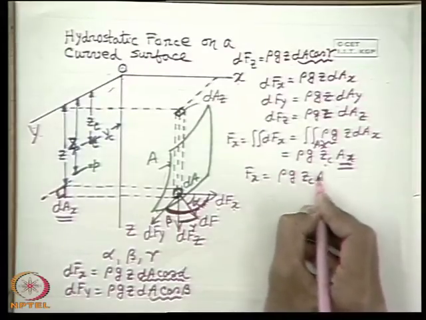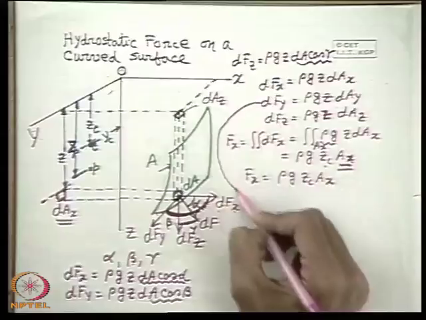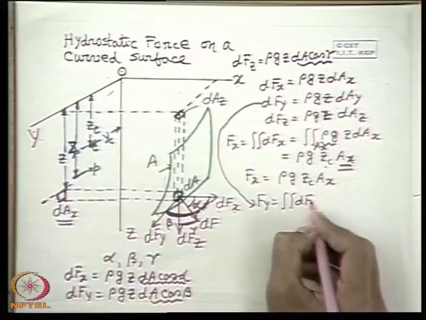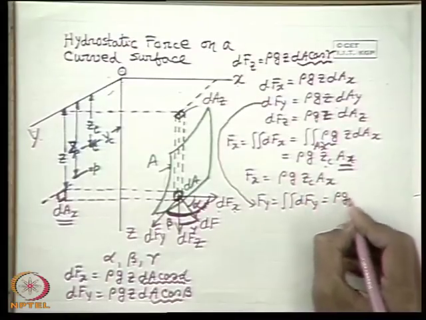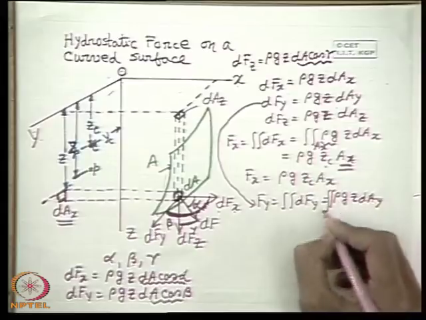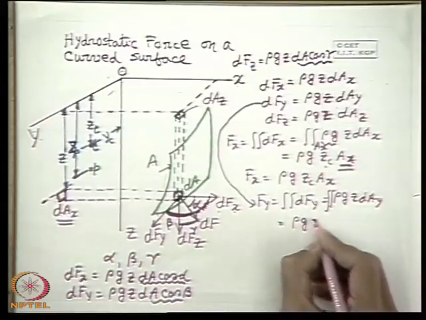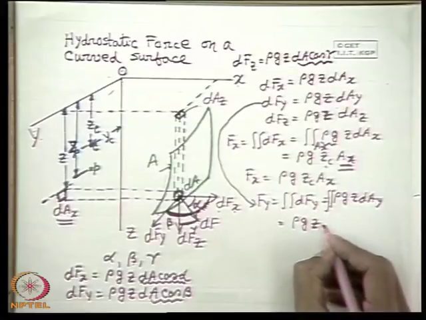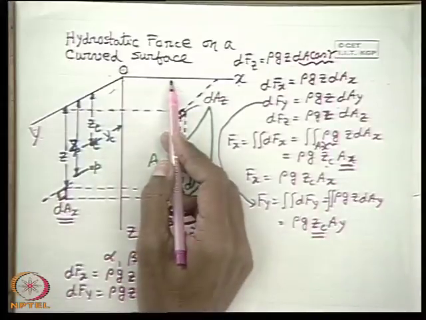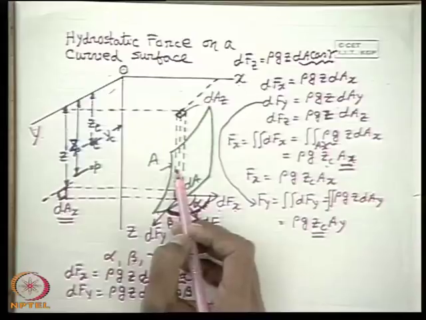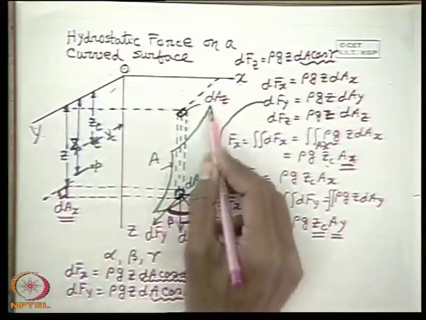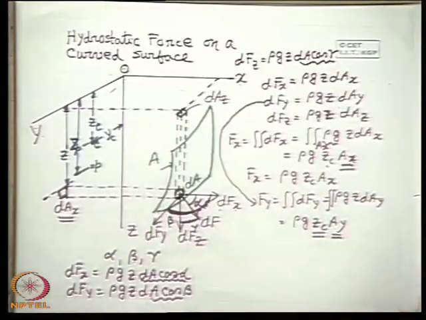So therefore we see simply, and this is a very interesting result, Fx is equal to rho g zc Ax. In a similar fashion, I can write Fy by integrating dFy as rho g z dAy, double integration, which becomes equal to rho g zc into Ay, where zc is again the vertical distance or the coordinate of the center of area projected on the xz plane, and Ay is the projected area of the entire curved surface on the xz plane, that is the plane perpendicular to y.